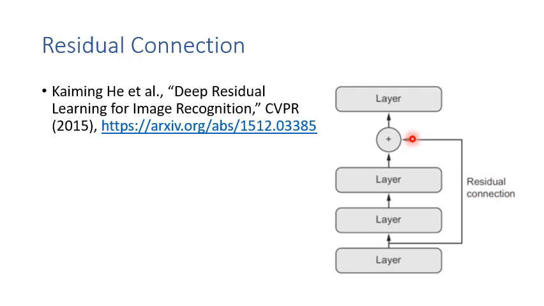The residual connection wants to solve the vanishing gradient problem. The vanishing gradient problem is that the information of the gradient becomes smaller and smaller after passing through multiple layers. So if your neural network is too deep, you will lose the gradient information.